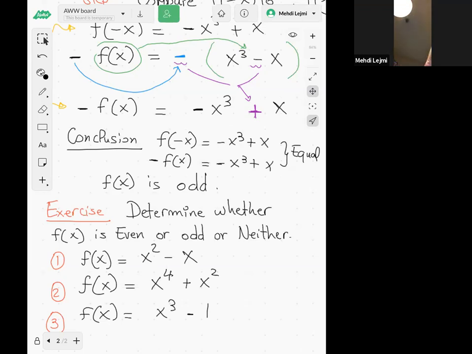I see there's something in the chat. Is it neither? Yes, absolutely. First one is neither.